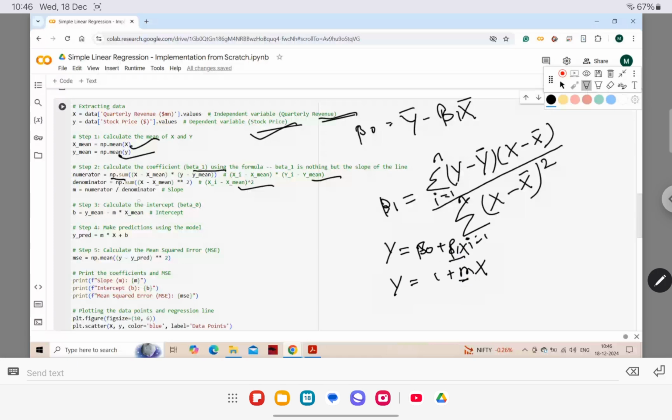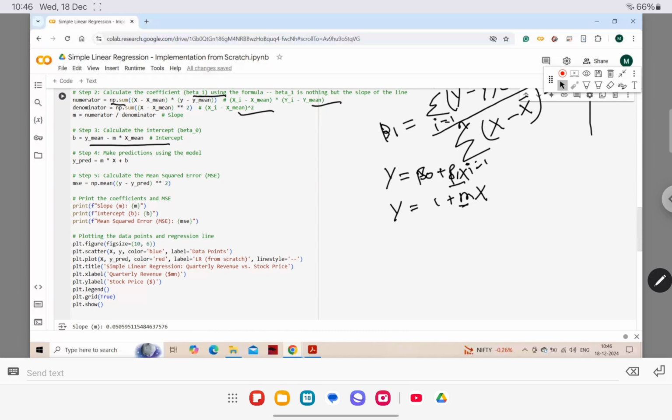We call it slope, that is numerator by denominator, and then calculating the intercept, that is beta naught, is y mean, the mean of the dependent variable, minus beta 1 times the mean of the independent variable, which we have calculated here.